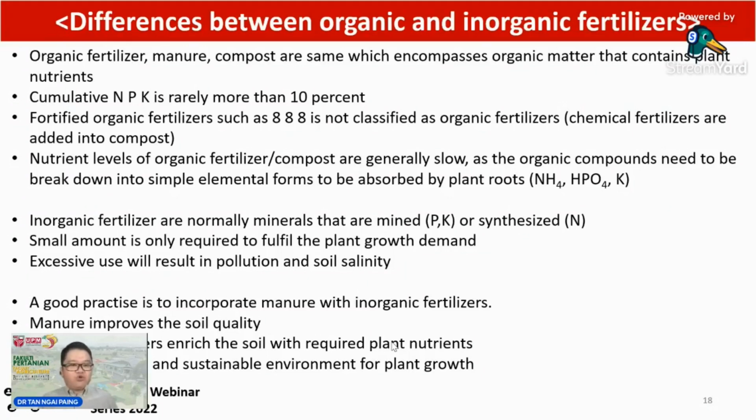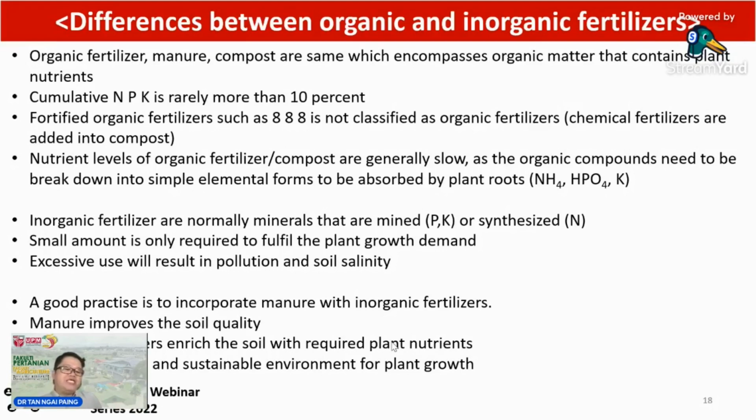And then excessive use will result in pollution and soil salinity. So this is what happens if you use too much fertilizer. It will cause a lot of pollution because it's too much nutrient, like nitrate, and also phosphorus. So what can we do? A good practice would always incorporate manure with inorganic fertilizer, or compost with inorganic fertilizers.